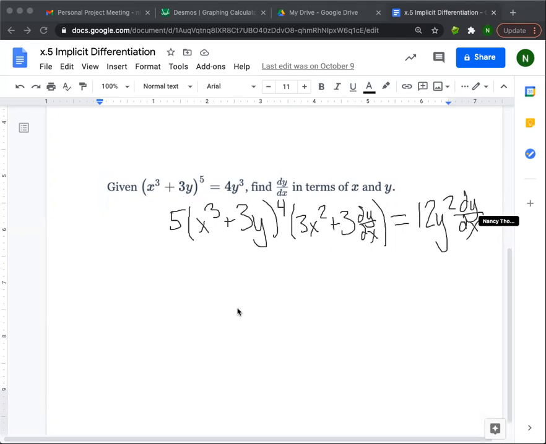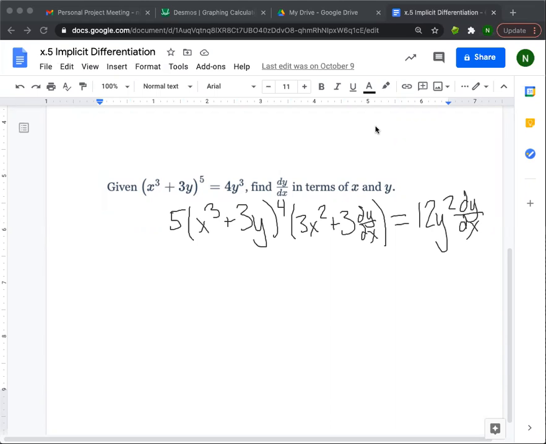Okay, so now, just in order to save a little bit of time, I'm going to use the binomial expansion theorem, which I'm pretty sure y'all haven't learned yet, but I know it. Otherwise, you would have to multiply this out to the 4th power.